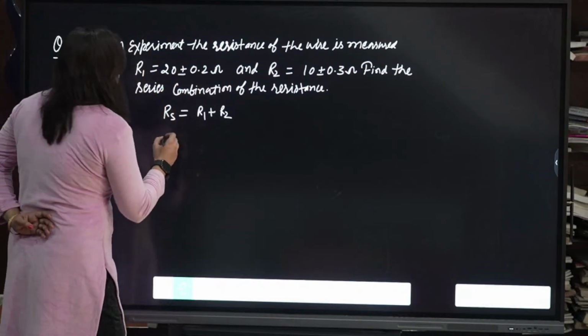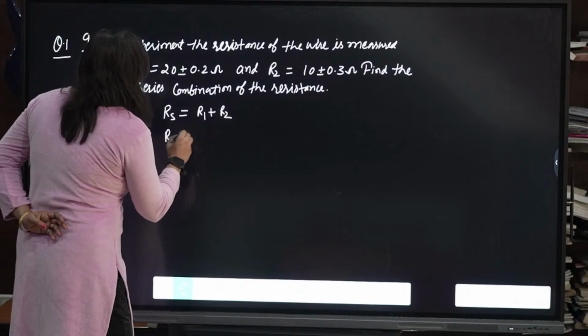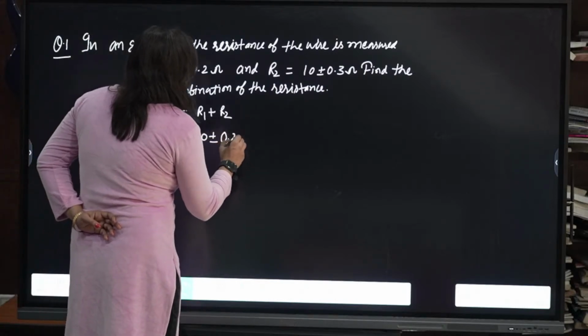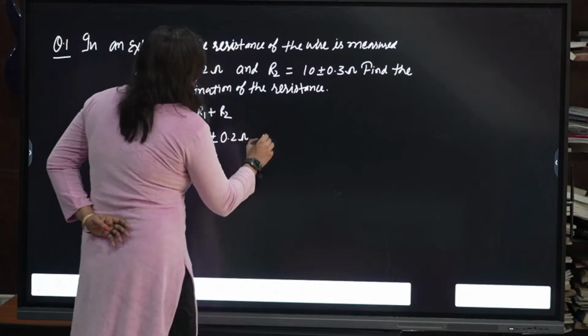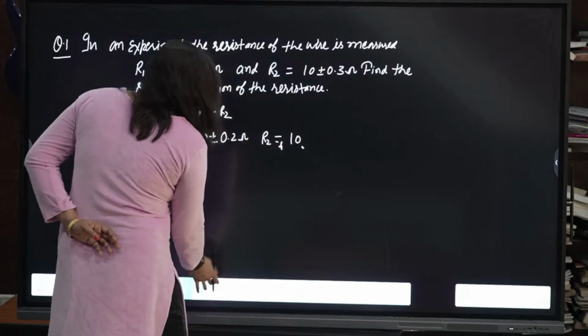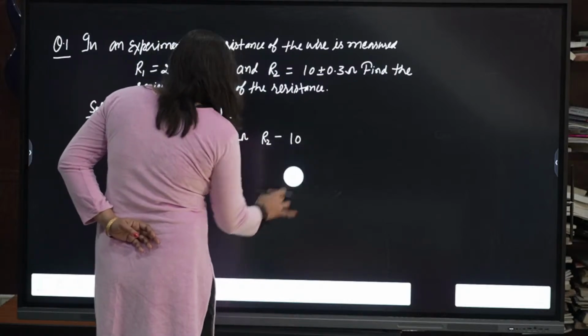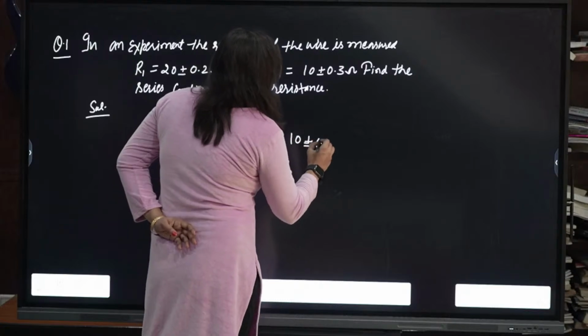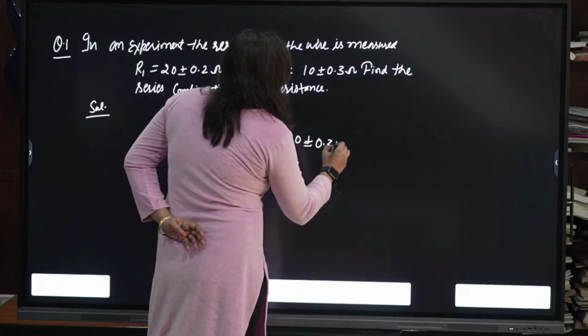You can write here R1 is equal to 20 plus minus 0.2 ohm, and R2 here 10 plus minus 0.3 ohm.